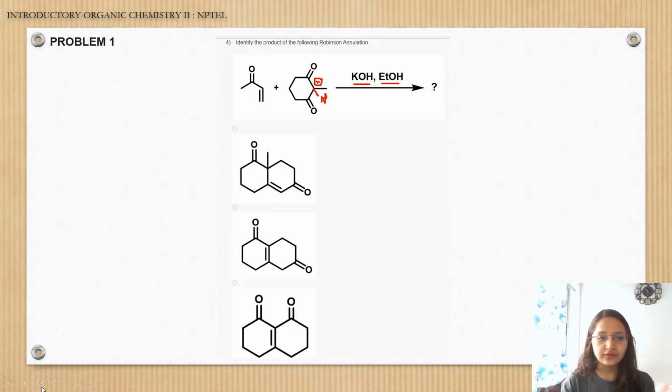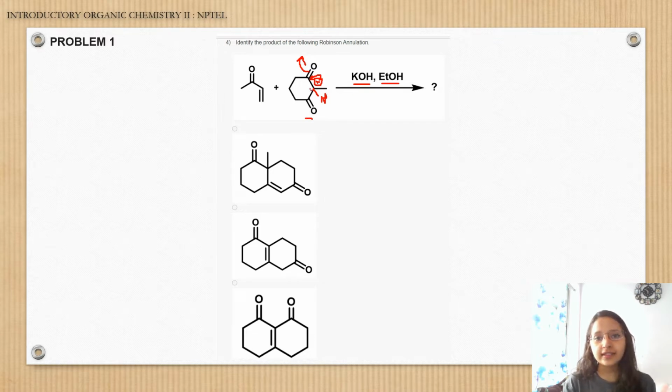The carbanion formed at this particular carbon will be stabilized by conjugation between these two carbonyls. These two carbonyls stabilize this carbanion via conjugation. Here it is in conjugation with this carbanion, and the same conjugation is there on the other side.